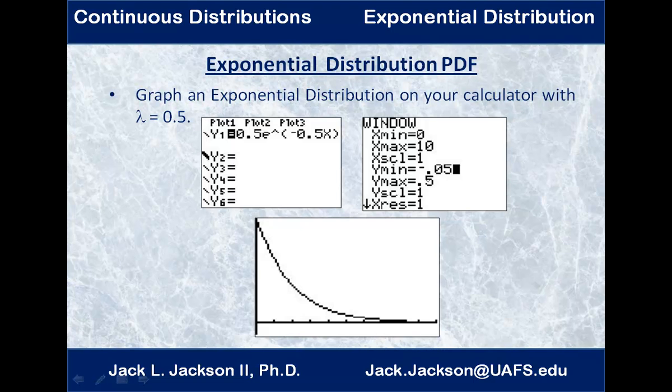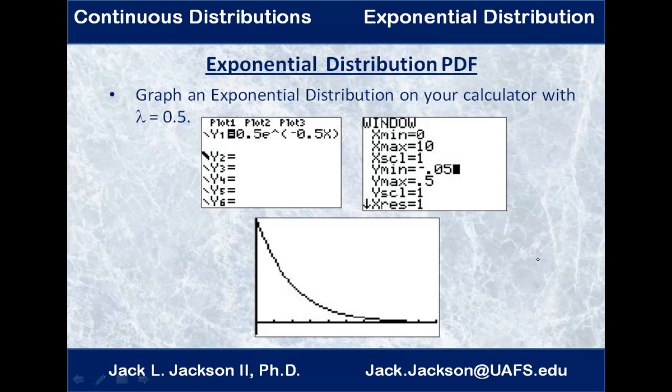So x scale is 1, y scale also 1. Actually, a y scale of 0.1 or 0.01 might have been a better choice. If you didn't use this window, go ahead and readjust yours to something similar to this.